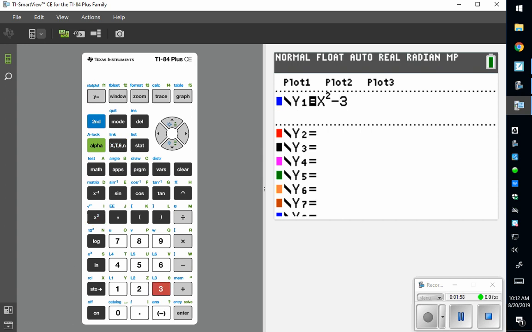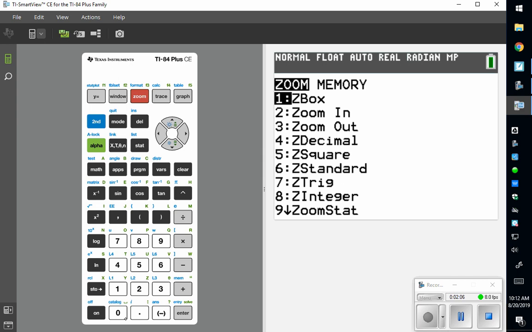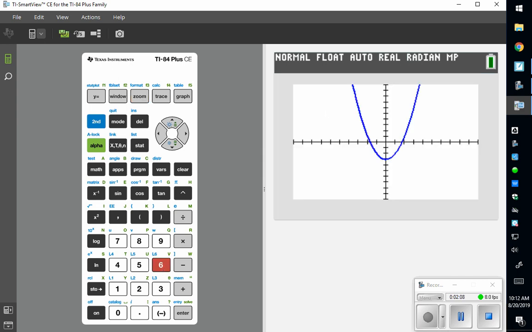We need a good viewing window. We could start by looking at this with a standard viewing window of -10 to 10, and to get to that you press zoom, 6 for zoom standard. That's not bad. We see the function, and we see it has zeros here and here.